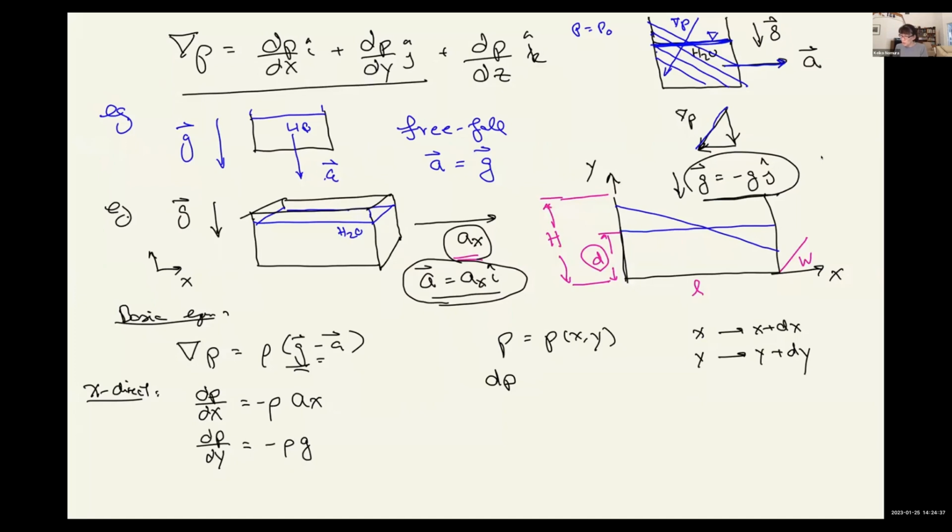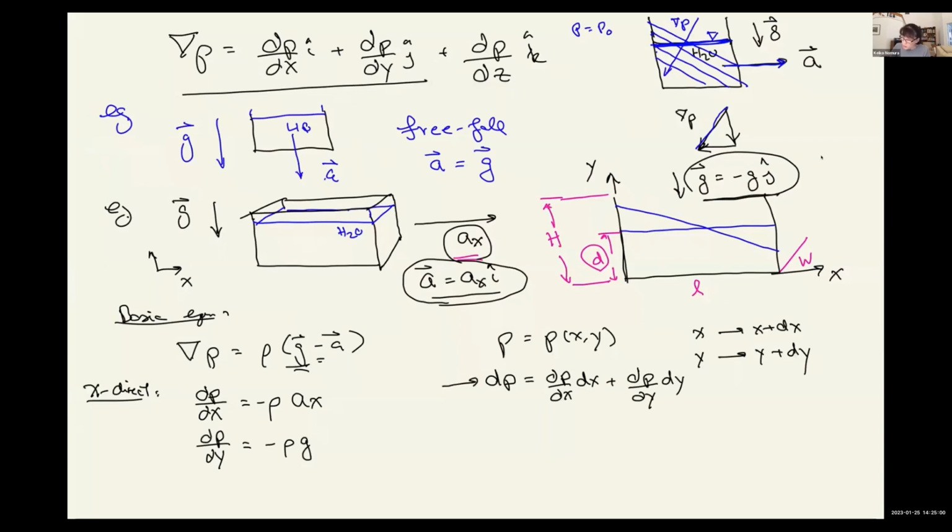Between those two points, the variation or change in pressure can be expressed as dp equals partial p partial x dx plus partial p partial y dy. And then we can apply this to this problem.